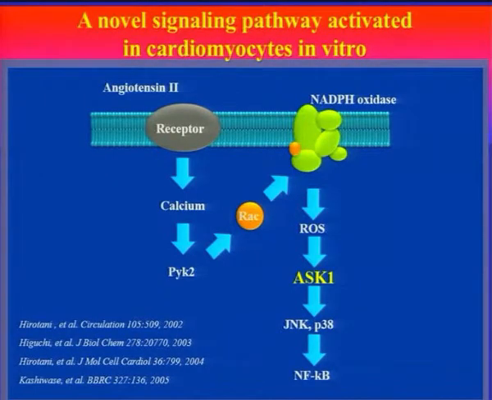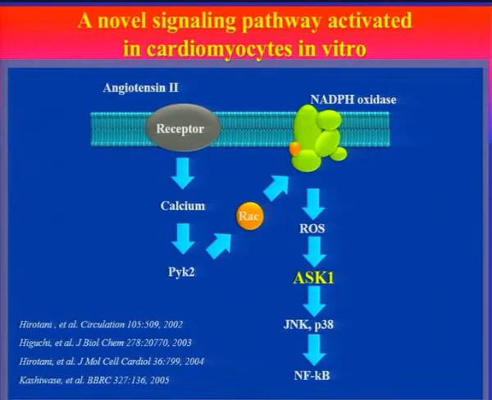And we found a novel signaling pathway. Angiotensin stimulates a GPCR and increases calcium and activates Rac. Rac activates NADPH oxidase, and this causes reactive oxygen species. Downstream of this signal pathway, we found ASK1, apoptosis signal-regulating kinase 1, is activated.